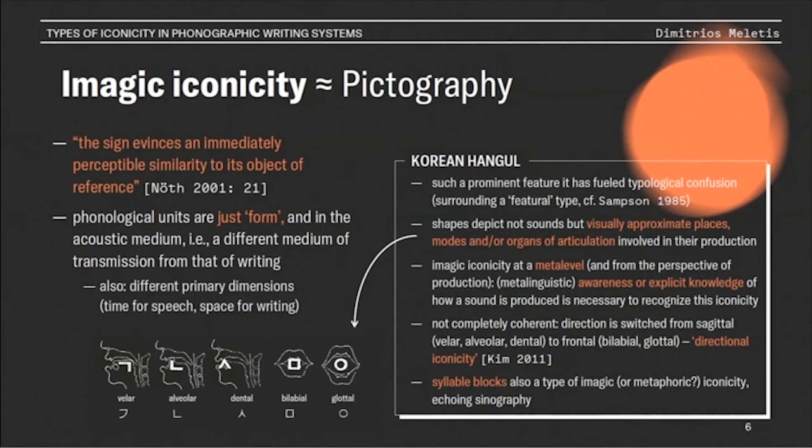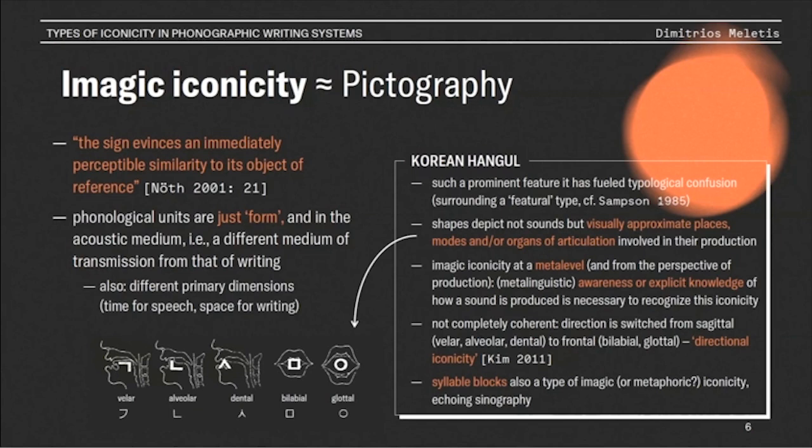And of course, I need to mention a completely unoriginal example, as 99% of you will be aware of it, but we need to talk about Korean Hangul in this respect, because there is, of course, a form of imagic iconicity in Hangul, but it is cheating a bit, because it's not direct imagic iconicity, because the sounds cannot be depicted.